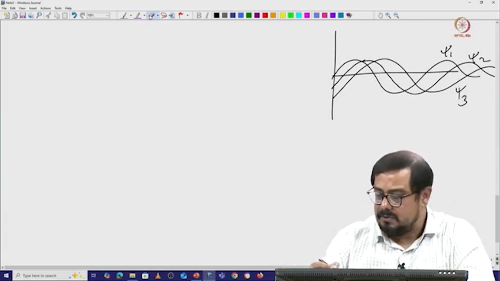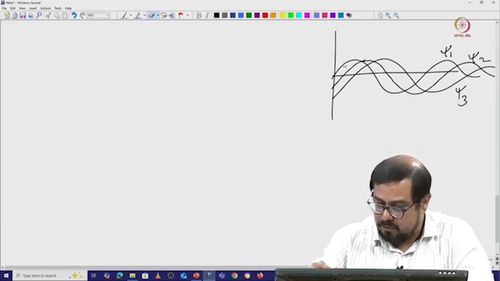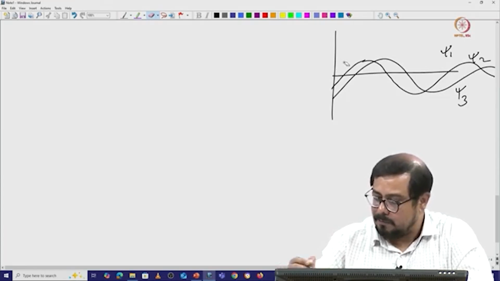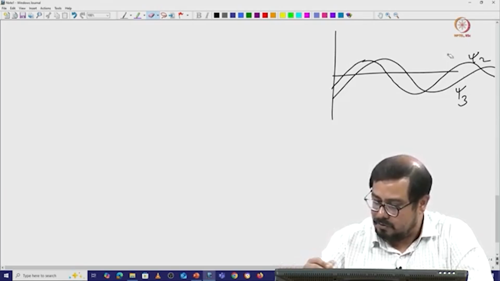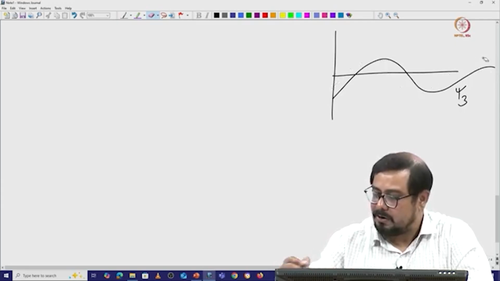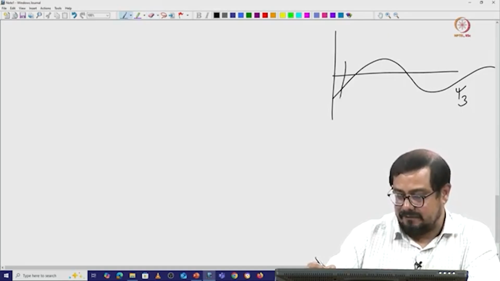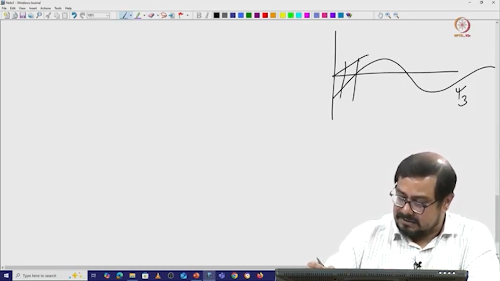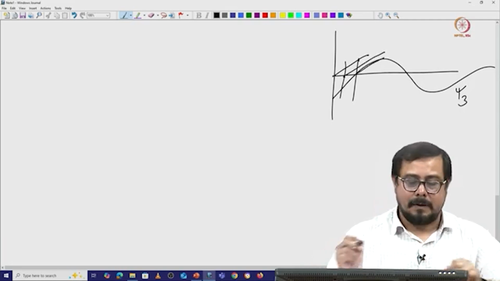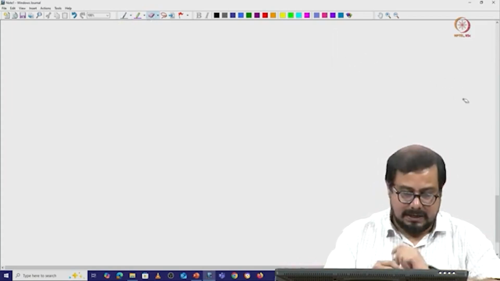Wave 1 starts moving and then disappears, then wave 2 is there, and finally only wave 3 remains, and you can see the phase difference here. The initial one started from here, the second from here, and the third from here. This is how one wave normally moves.